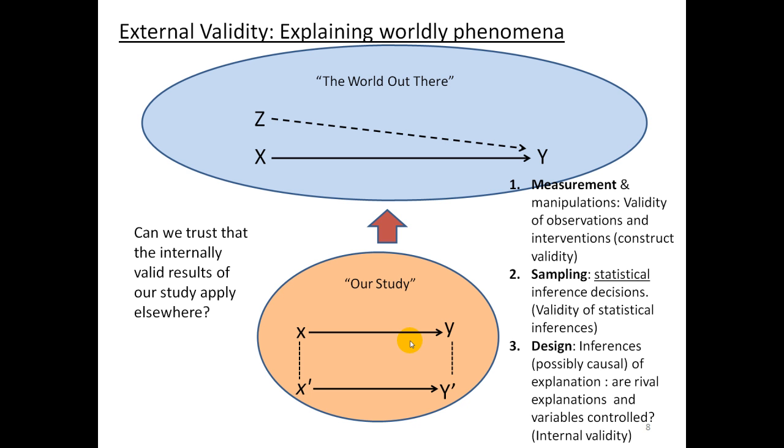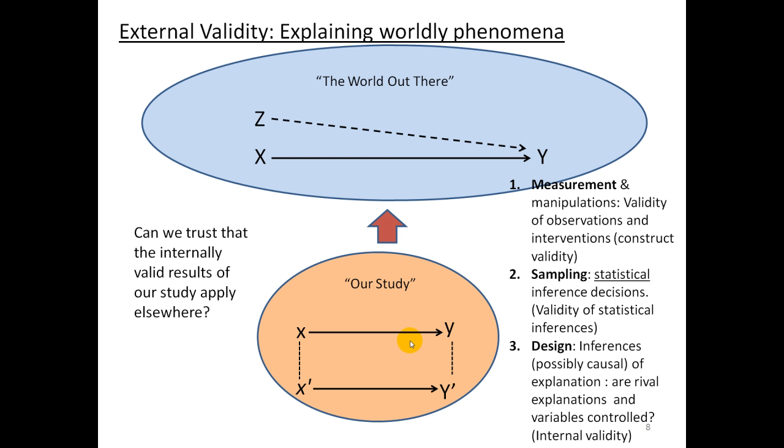That's capital X and capital Y. Have we chosen a method that allows us to isolate whether or not X causes Y? If we have good measurement and good sampling, are the methods we're using satisfactory so that we can claim X causes Y? To isolate causes, we probably need an experiment.